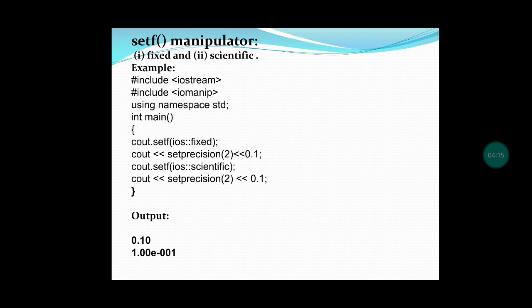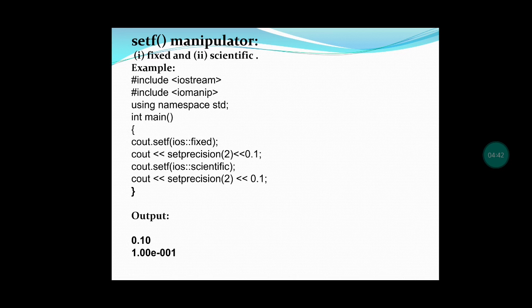Next one is the setf manipulator. This setf manipulator displays the output in fixed or scientific form. Whichever one we want, we can use it in the program for displaying the output. In this we have to use ios for setf. The example will help us understand easily how to use setf. That is cout.setf of ios::fixed.